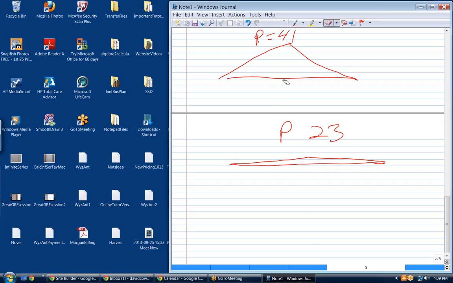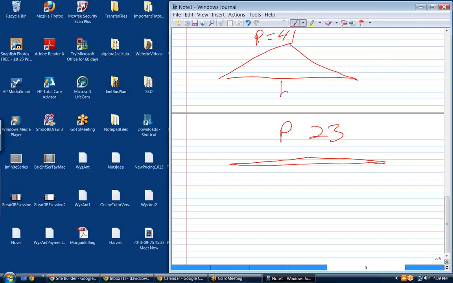In other words, if I draw that first triangle like this, that's a bigger perimeter still. It doesn't matter how we draw it. This is an algebra problem more than a geometry problem.